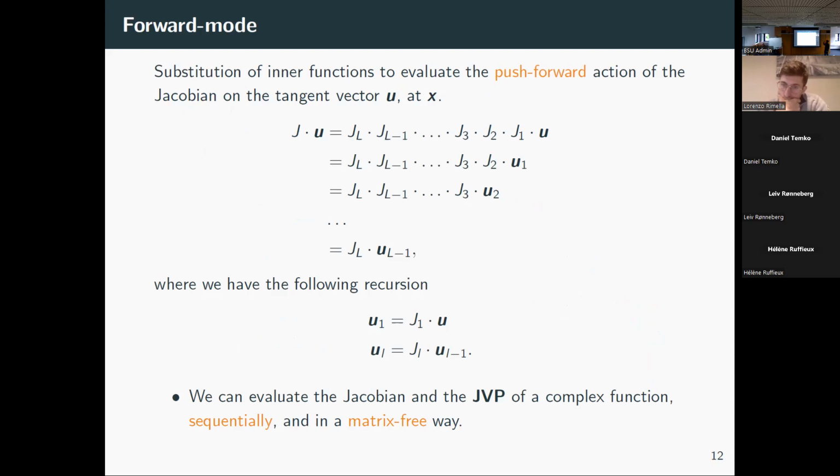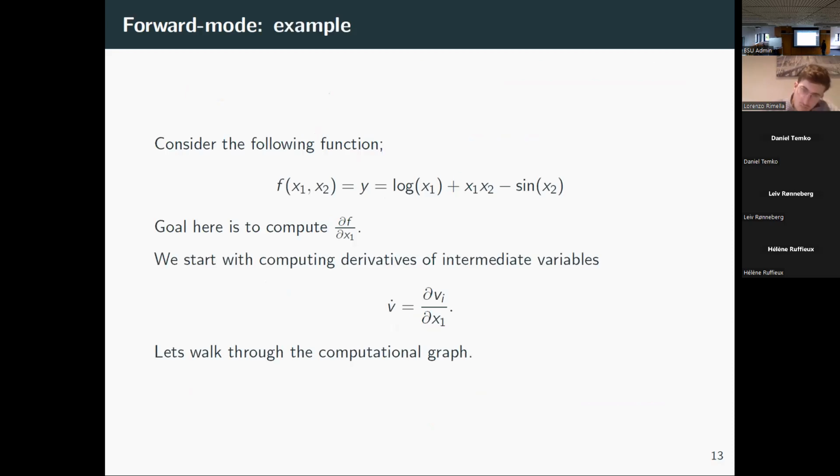Once you build a library of functions, like transcendental functions or basic elementary functions, calculating its output as well as the action of its Jacobian on its input, you can sequentially evaluate your Jacobian vector products without forming the matrix. So let's walk through an example more clearly.